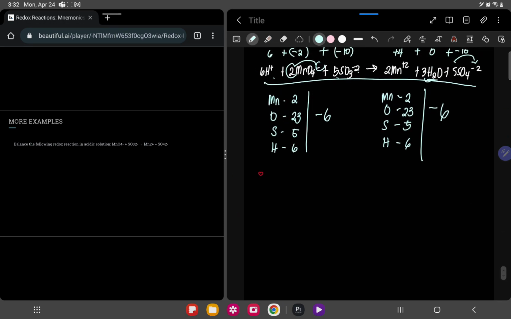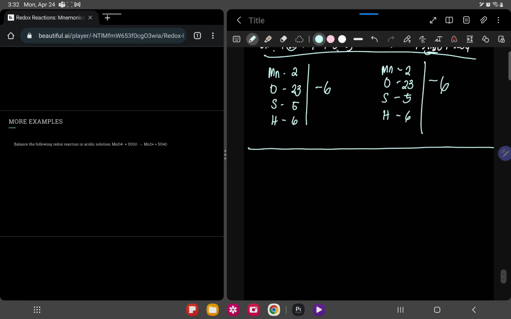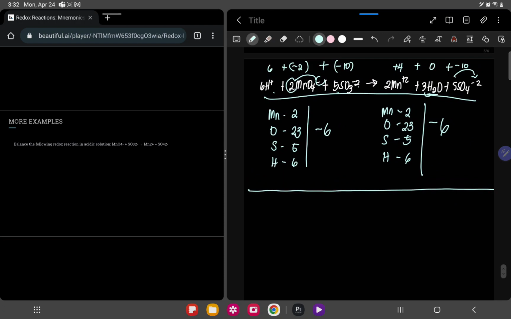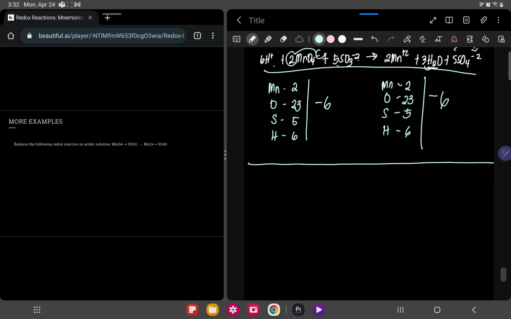It's a bit long, but we're going to use the same equation in balancing a basic reaction. It's actually the same steps as the acidic reaction, but there's an additional step at the end. So let's copy the equation again.